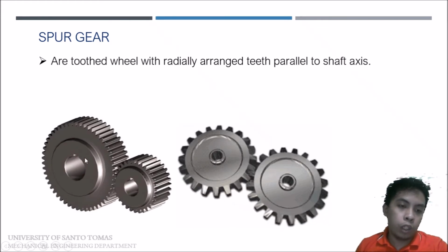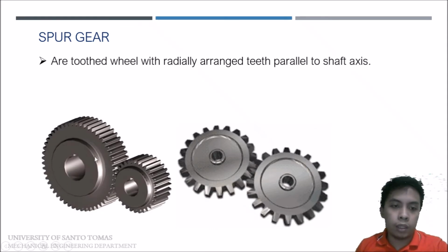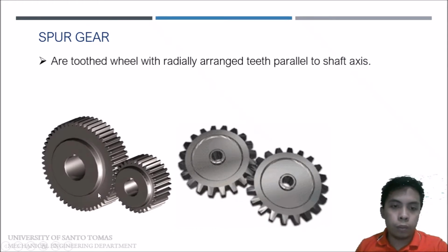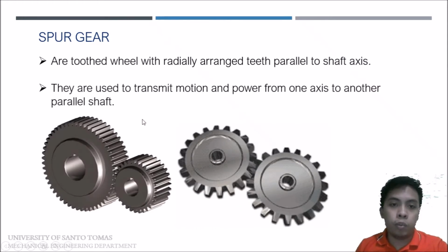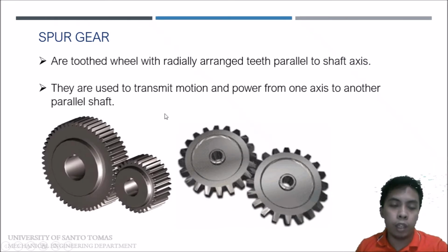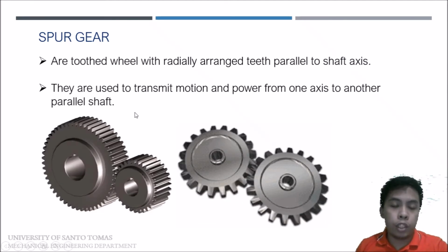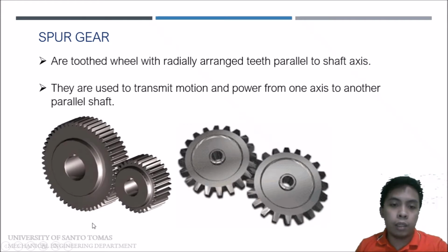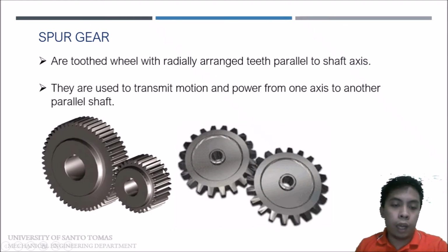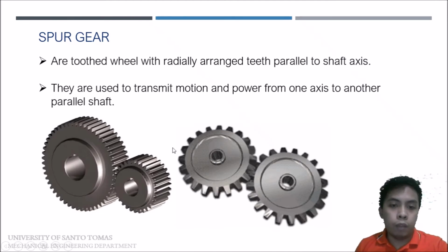This is our shaft, where we put the shafting, and its axis is parallel to the teeth edge. They are used to transmit motion and power from one axis to another parallel shaft. So when you connect two parallel shafts, what we commonly use is the spur gear. As you can see here, the shaft of this driving gear is parallel to the shaft of the driven gear.